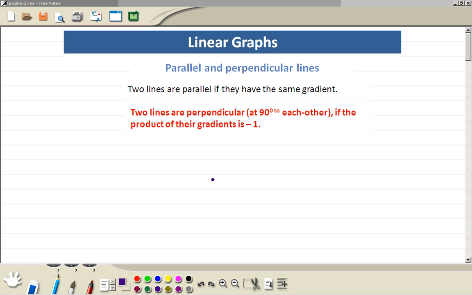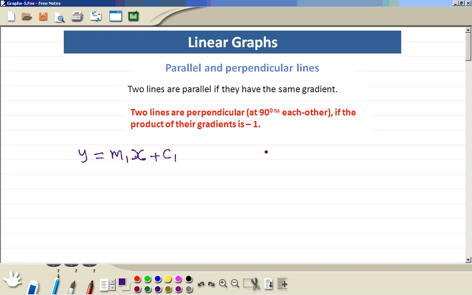Linear graphs, parallel and perpendicular lines. Now if you have one equation with y equal to, the gradient is m1, times x, then plus c1.